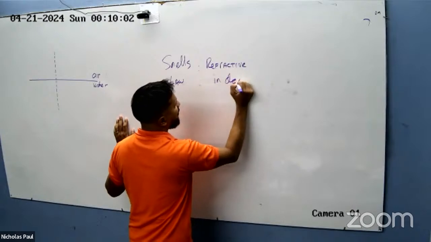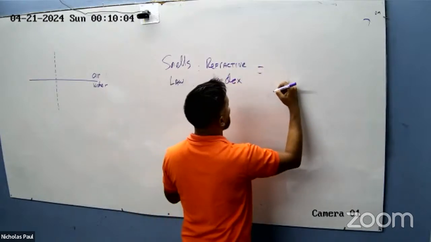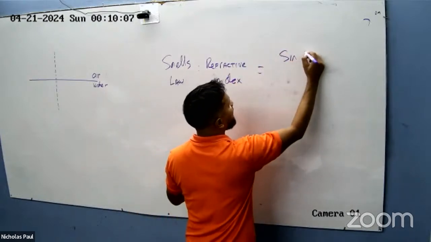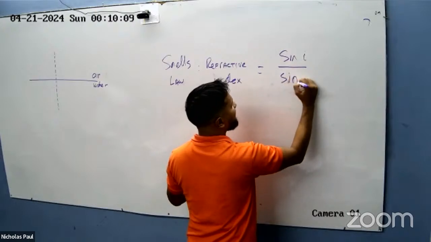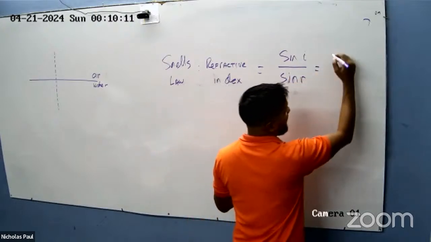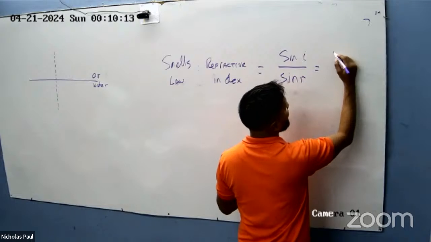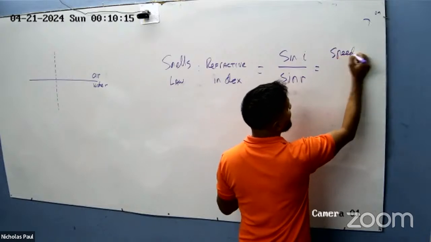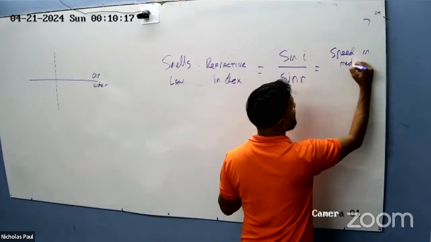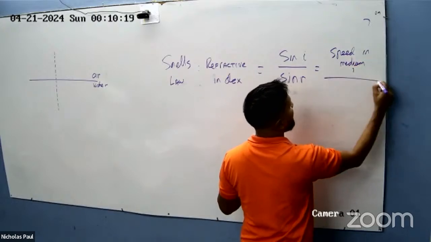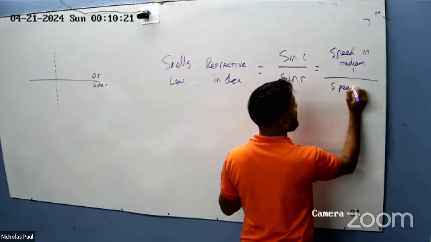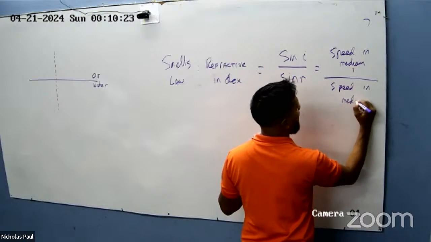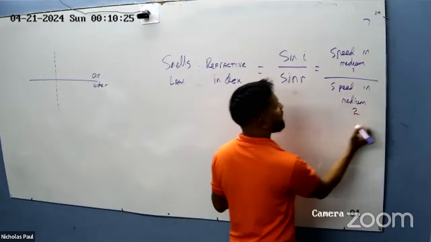Snell's law gives the refractive index as sine I over sine R. The next thing you could do as well, you could also find the speed in medium 1 and divide it by the speed in medium 2.